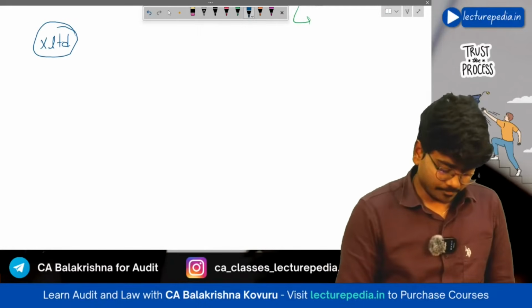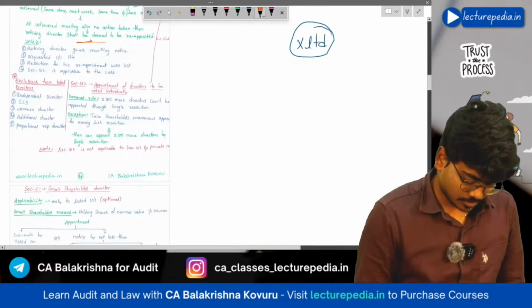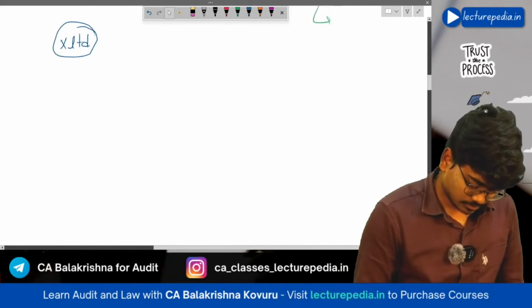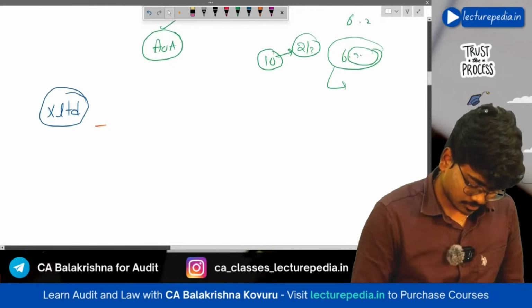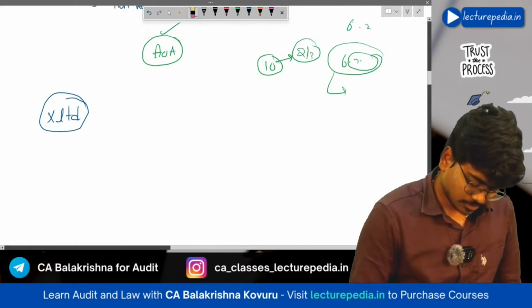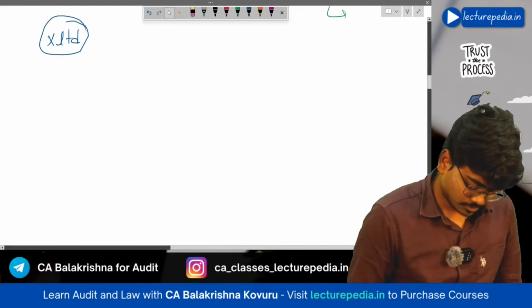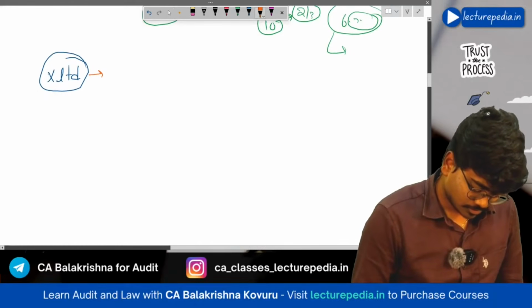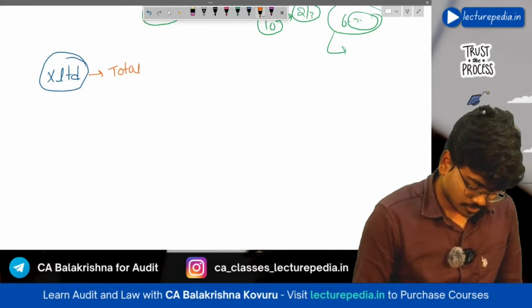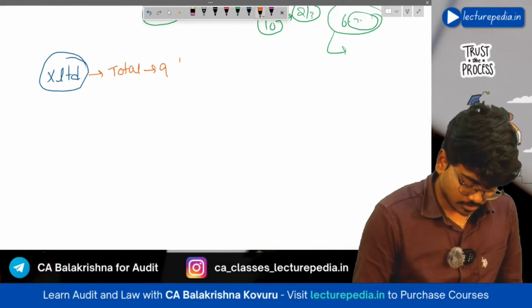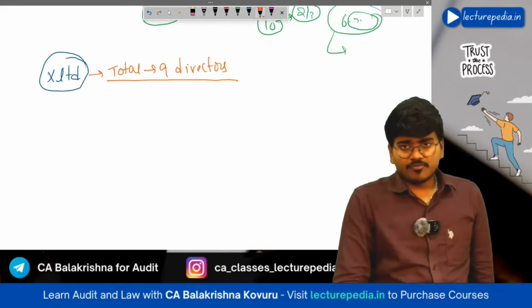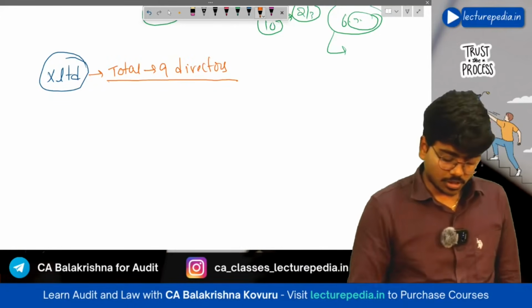Now in the X limited there are a total of 9 directors. Obviously of these 9 directors, 2/3 must be rotational.